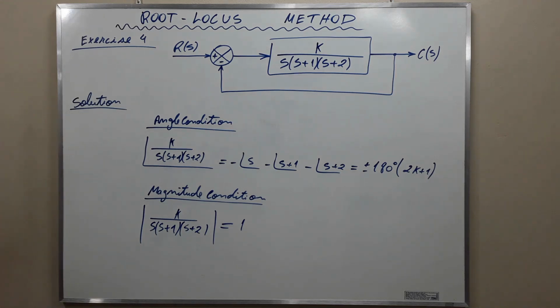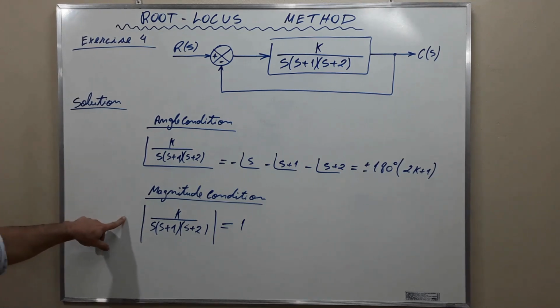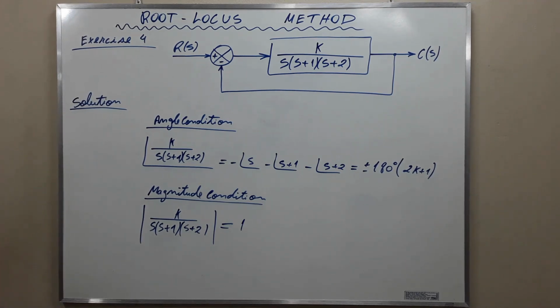Okay? These are the conditions. This is the angle condition, and this is the magnitude condition. Now let's go over the procedures for sketching the root locus.